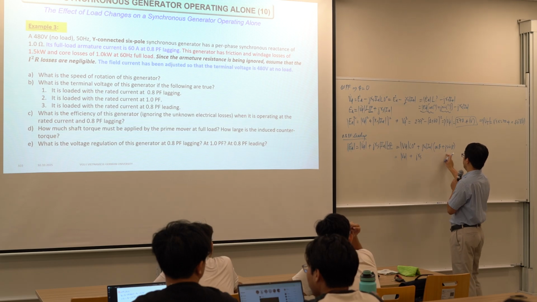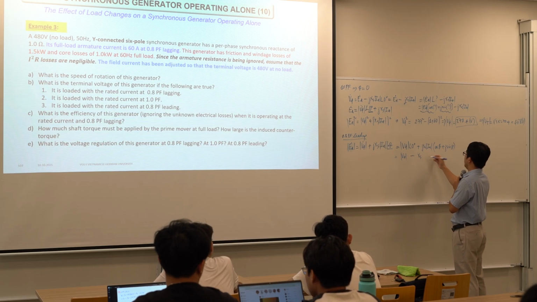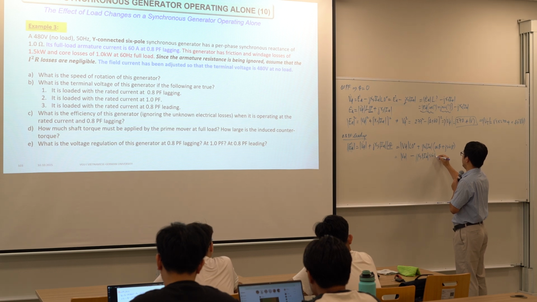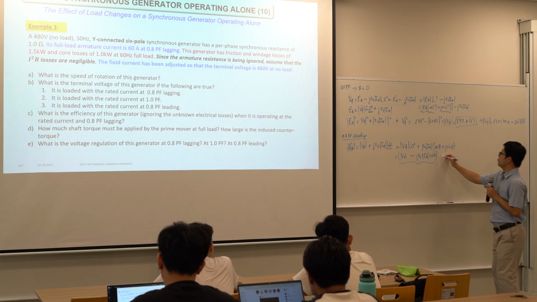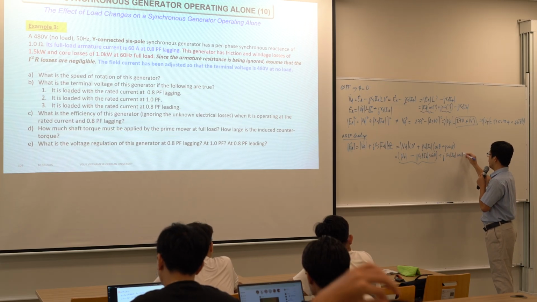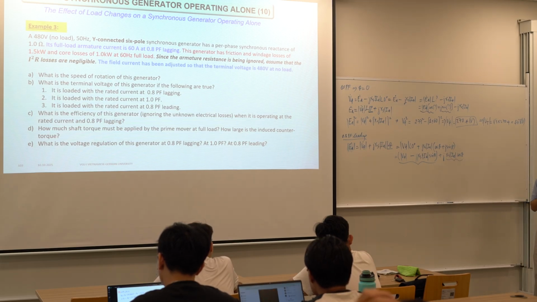This is j and j, so here you get minus what? Minus XS IA sine theta, it is real part. And then we plus j XS IA cosine theta. It is imaginary part. Did you read me?